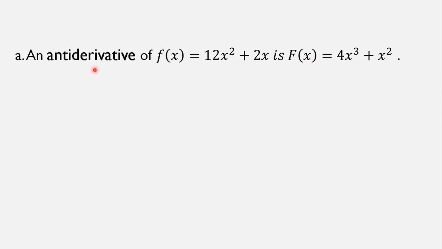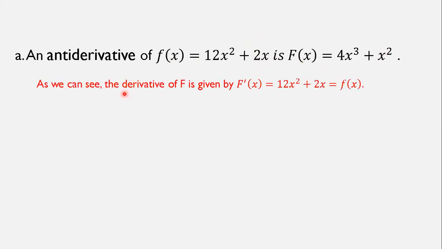The derivative of capital F is given by F prime of x. So we solve for the derivative of this function, and we are going to arrive at an answer of 12x squared plus 2x, which is equal to our f of x.